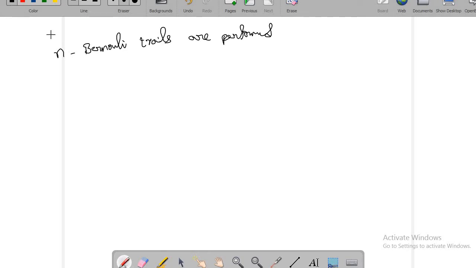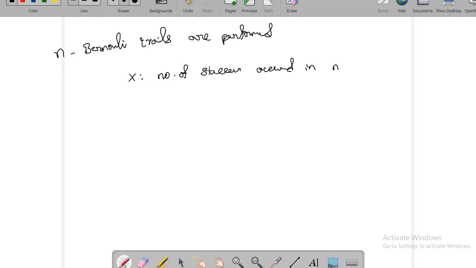I'm going to define a random variable x that counts the number of successes occurred in n independent Bernoulli trials.